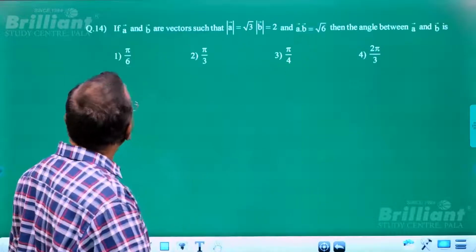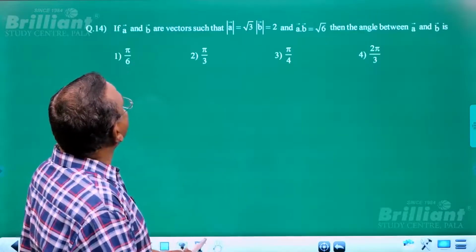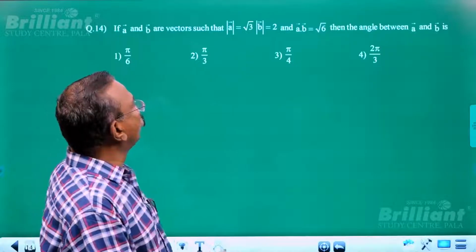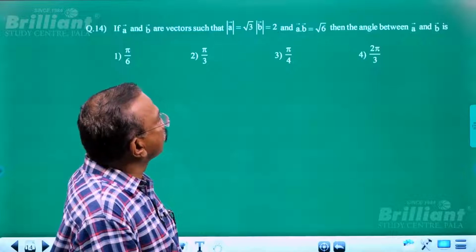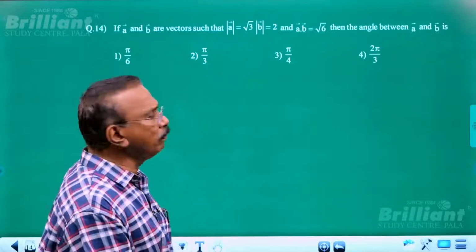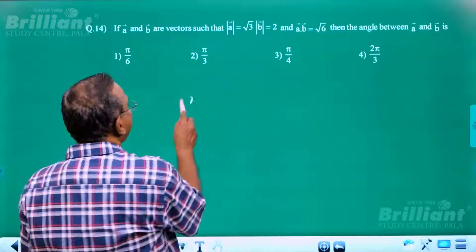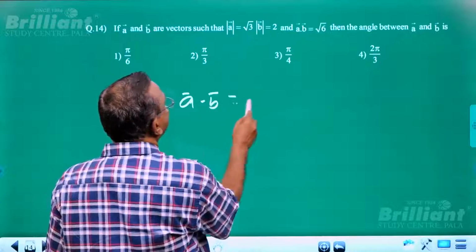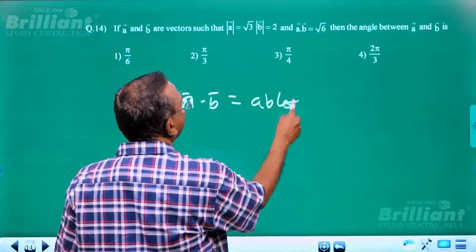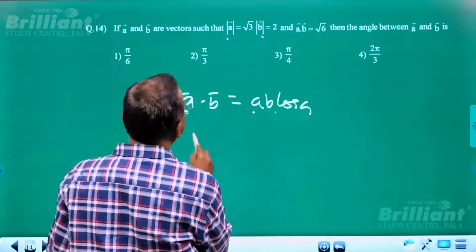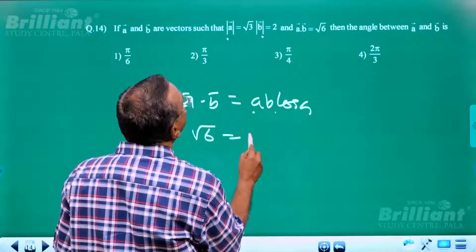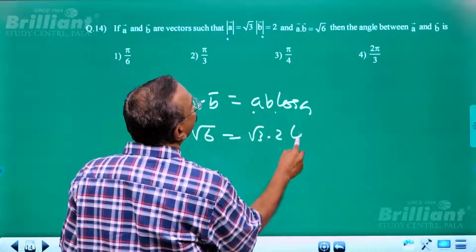Now, if a bar and b bar are vectors such that mod a bar is root 3, mod b bar is equal to 2, and a dot b equal root 6, then find the angle between a bar and b bar. It's a very simple problem. You know a bar dot b bar is equal to ab cos theta, where a and b are the magnitudes. So a dot b, that is root 6, is equal to root 3 into 2 into cos theta.